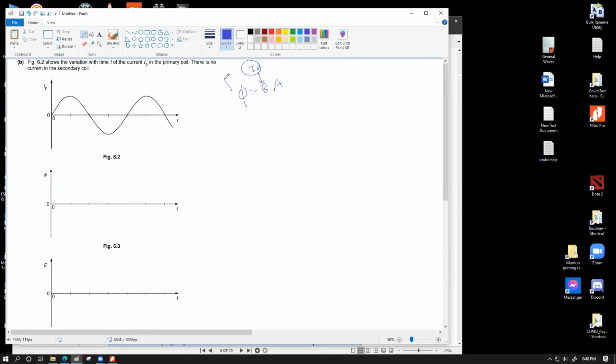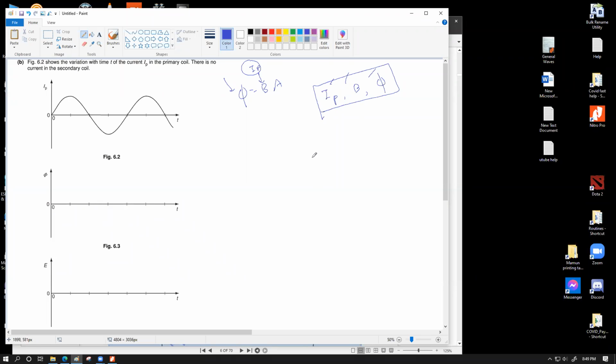And phi is also created from the B as well, which means the shape of IP, the shape of B, and the shape of phi, all of these would be identical with respect to time. Their graph shapes would be identical, but definitely we can have different axis values over here, so that their sizes can be different, but their shape should be identical. They should be in perfect phase.